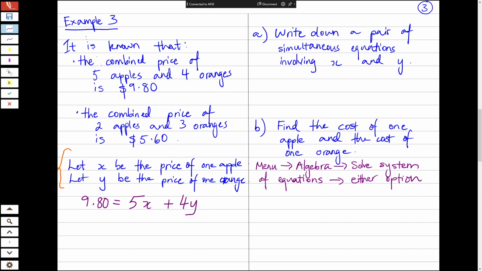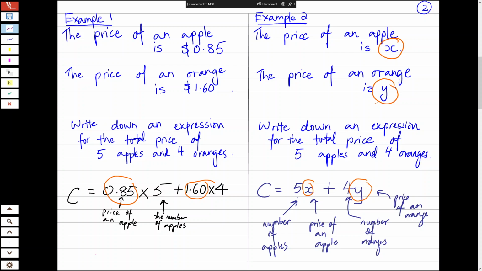And then can you just do algebra now? So let's just pause there. $9.80 equals 5x plus 4y. Are you seeing where this equation came from? It's actually exactly the same as the one on the previous page. 5 apples and 4 oranges.